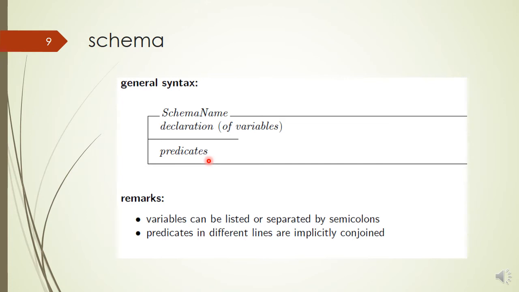Students, variables can be listed separated by semicolons. It means you can write variables on different lines, or alternatively you can write the variables on the same line separated by semicolons. In the same manner, predicates on different lines have a conjunction or disjunction operator, and or or, between the predicates.